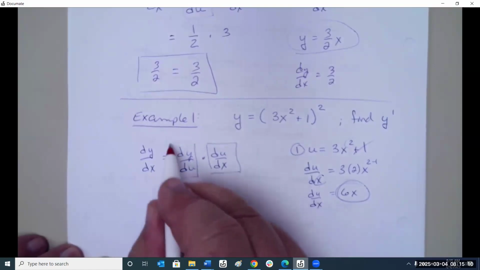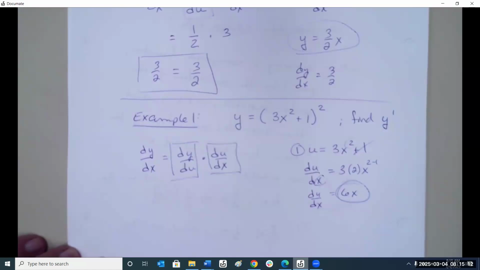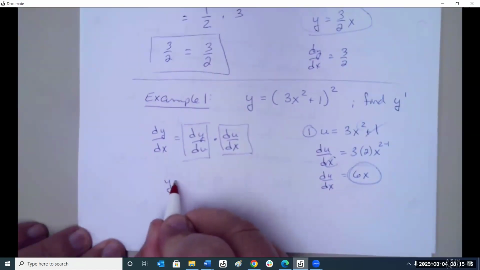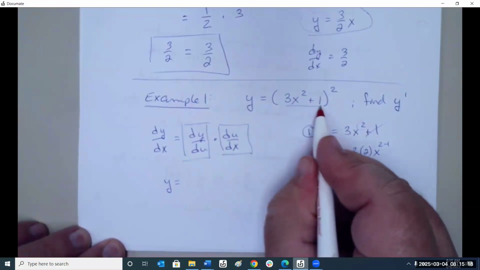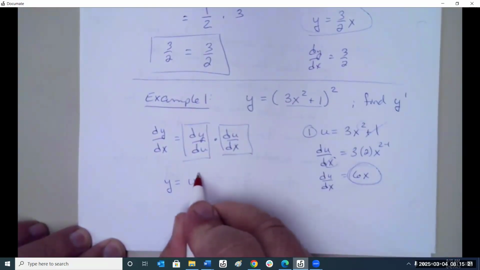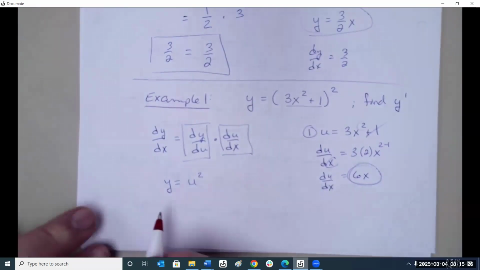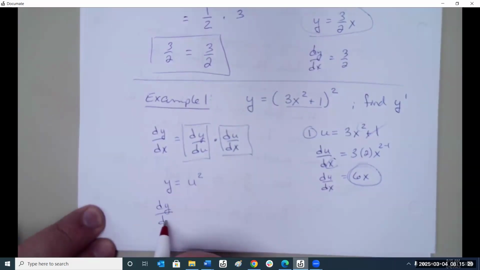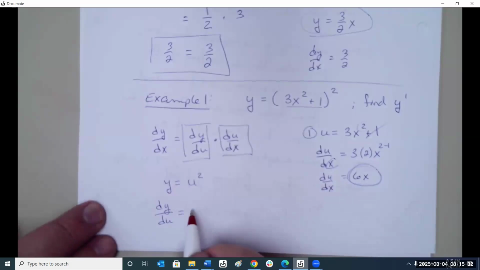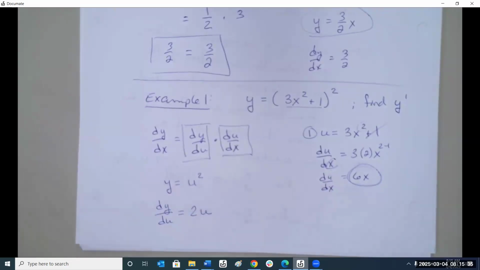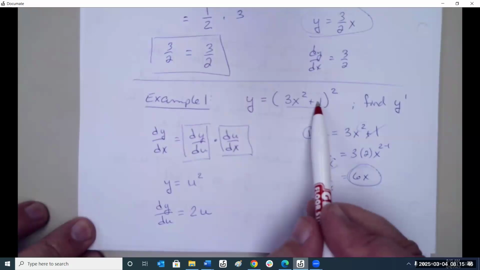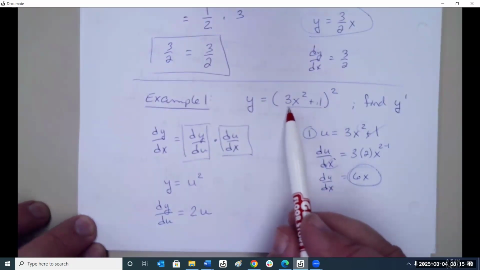How do we find dy du? Well, if this 3x squared plus 1 is u, what we have is u squared. So what is dy du, with respect to u? You have to rewrite your original equation as a form of u to some power.